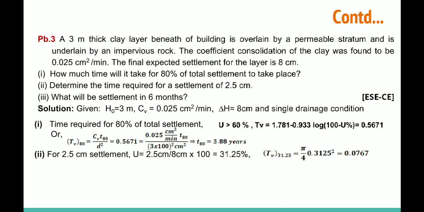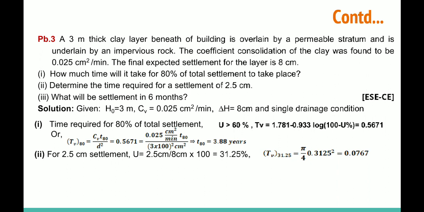Again we can apply the same relation. In this case the degree of consolidation is less than 60%, so we cannot apply the previous formula mentioned above, because for degree of consolidation less than or equal to 60%, we have the formula pi by 4 into u square.